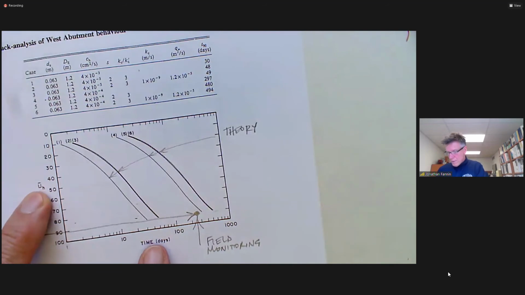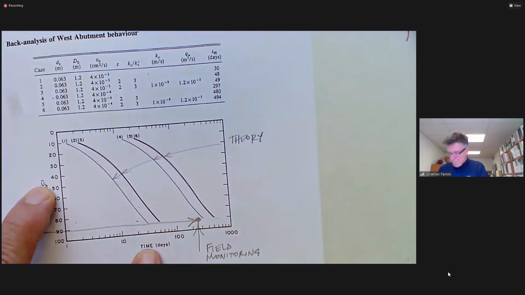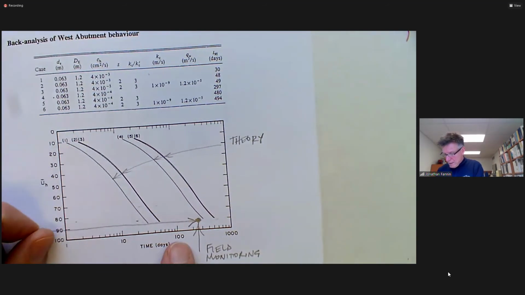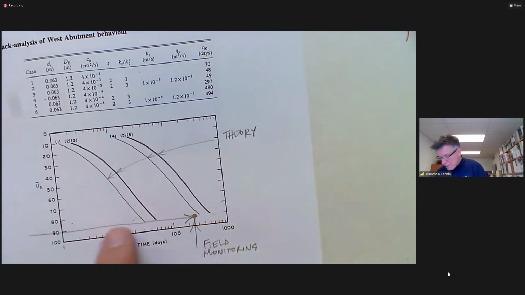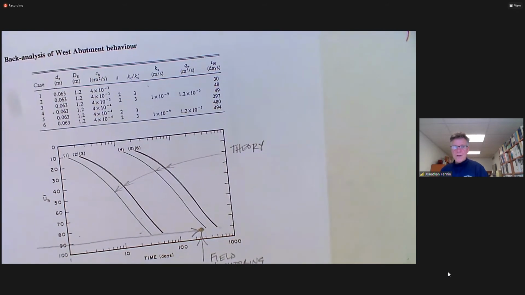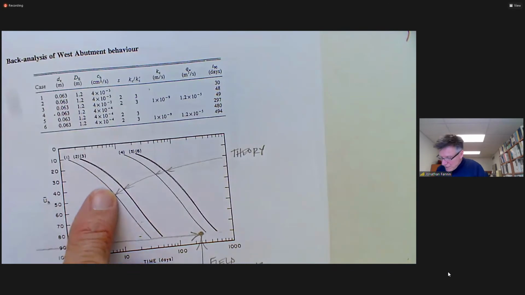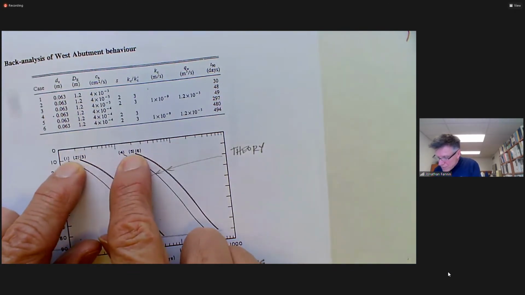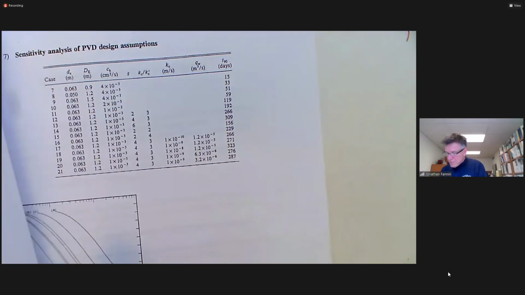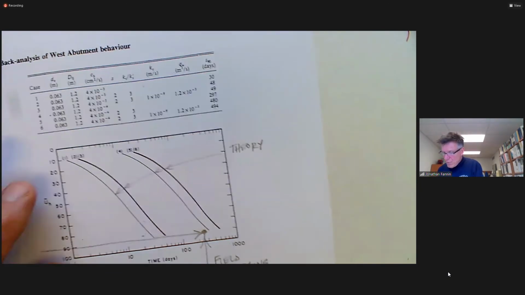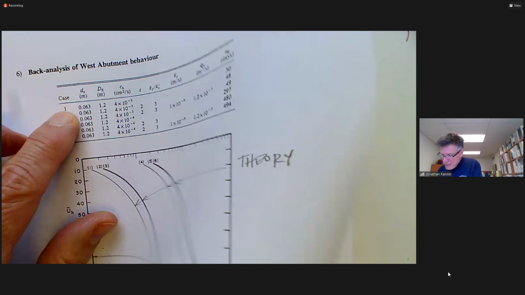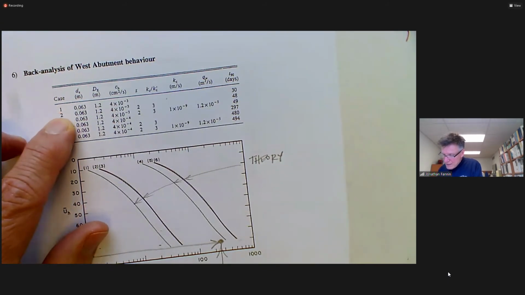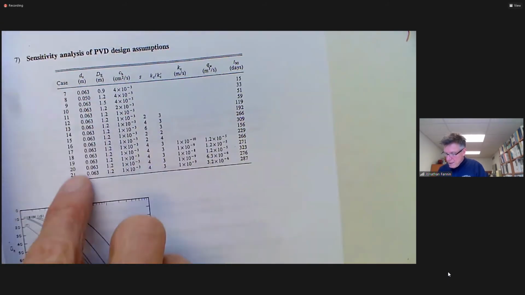Theory. U against time, U10 against U20, U30. You can calculate the time for the various, and each of these curves is labeled with a number, 1 through 6, and in fact it goes as far as 21 over the page, but they are the cases, each theoretical case that's analyzed, 1 through 6 and through 21.